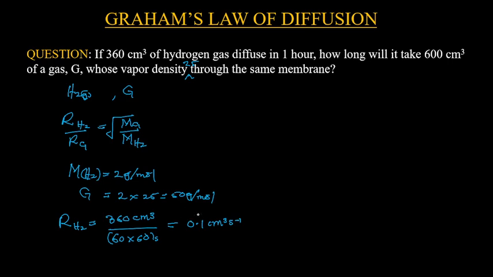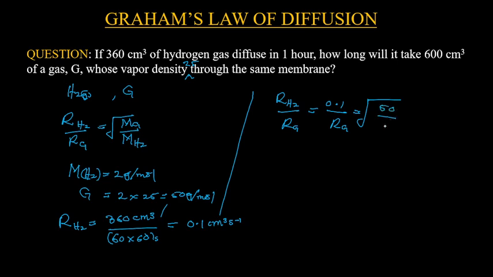Now, all we have to do is to put this information back into the equation. So we are now going to have the rate of diffusion of hydrogen gas divided by the rate of diffusion of the gas G. So this one is 0.1 over the rate of diffusion of G, which is equal to the square root of the molar mass of the gas G, which is 50, divided by that of hydrogen, which is 2.